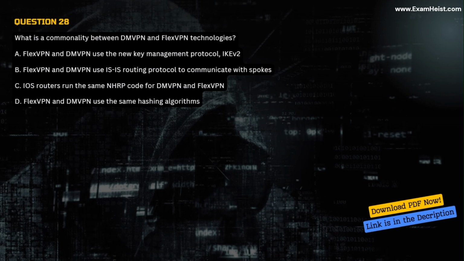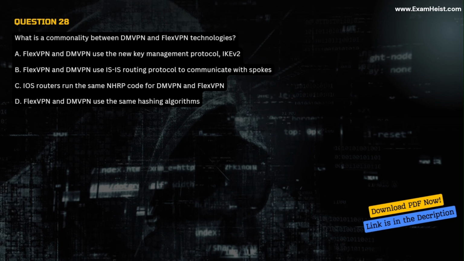Question 28. What is a commonality between DMVPN and FlexVPN technologies? A. FlexVPN and DMVPN use the new Key Management Protocol, IKEv2. B. FlexVPN and DMVPN use ISIS routing protocol to communicate with spokes. C. iOS routers run the same NHRP code for DMVPN and FlexVPN.